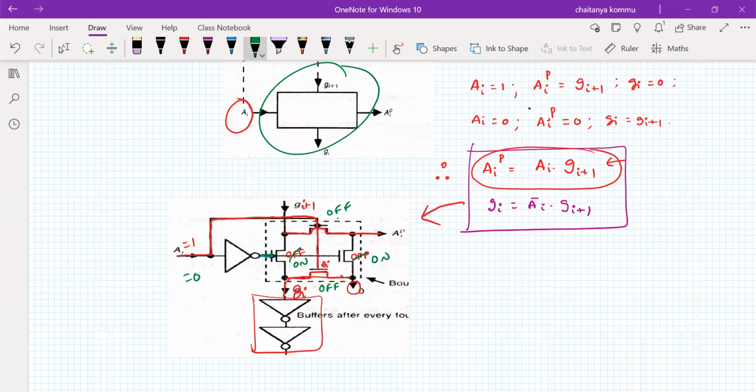So therefore G i plus 1 goes directly to G i, provided that this must be 0. So we make this 0 in this way. That is how we have to generate the circuit diagram.